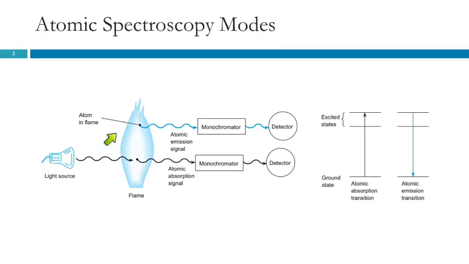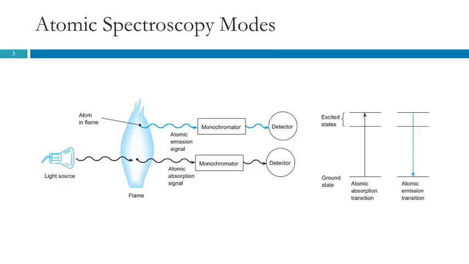In emission spectroscopy, the atoms in the flame are excited by the heat of the flame, and as those atoms relax, they emit electromagnetic radiation, and we are just looking at the radiation that comes out of the flame. Again, we need a monochromator and a detector. One instrument can be used to do both, and they're very similar.